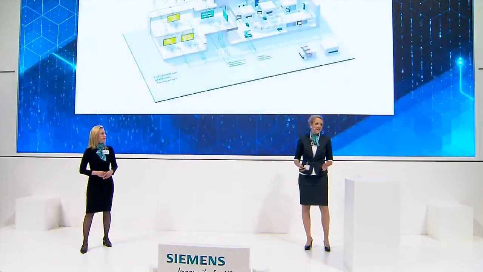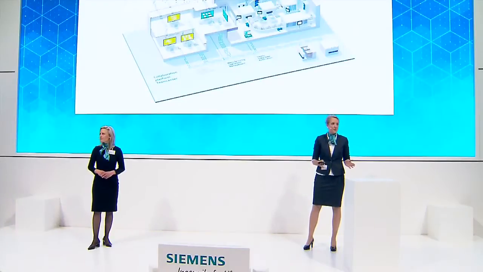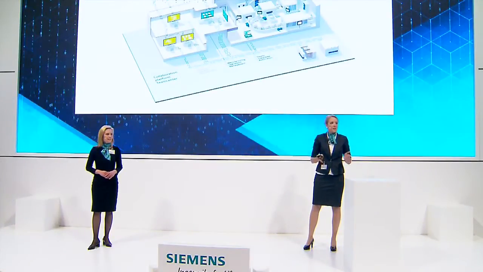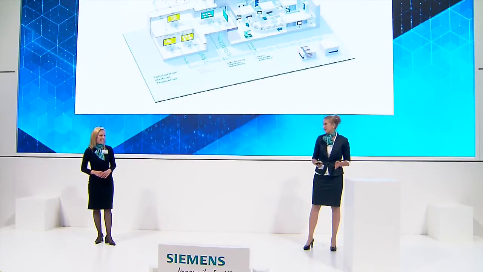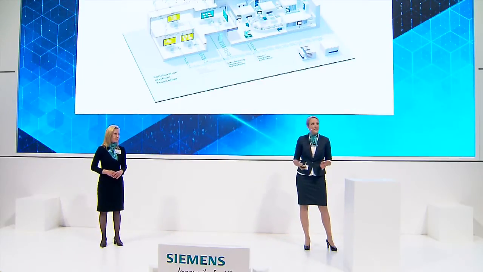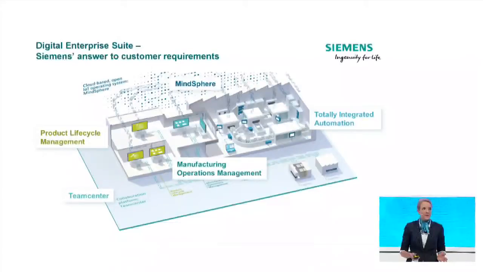The Digital Enterprise Suite is a suite of software components which lay the foundation to realize your digitalization strategy. It consists of 5 key portfolio elements, starting with product lifecycle management. Product lifecycle management is the key to realize marketable products out of your ideas.